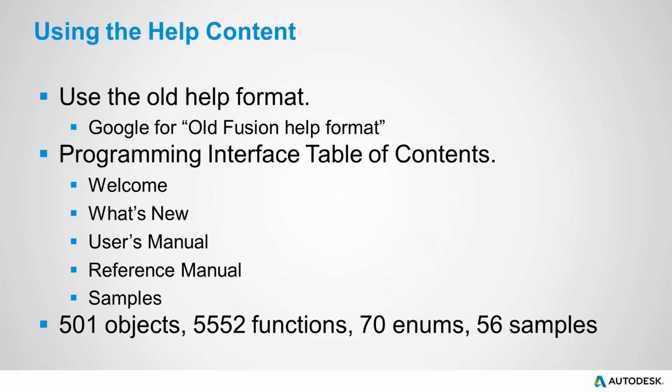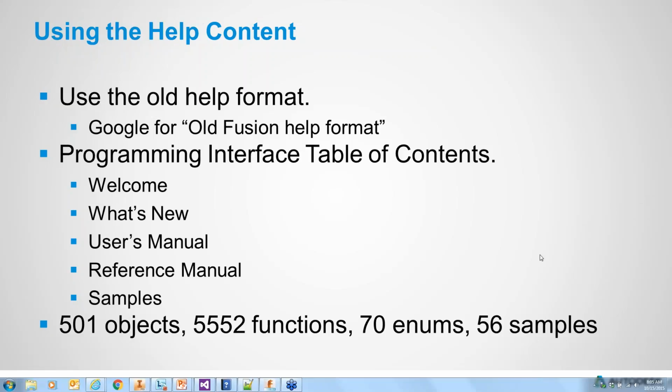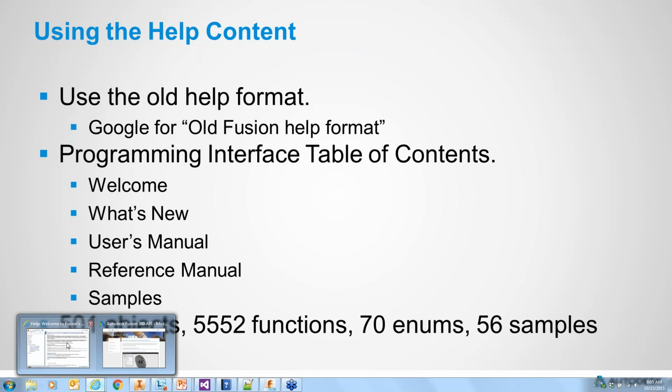So it's quite a bit of work to manage all of this because there's 501 objects, so they all have topics, and then there's 5,500 functions, so all of those have topics, and 70 enums. There's 56 samples, so there's quite a bit of content there. And so let me bring up the help.